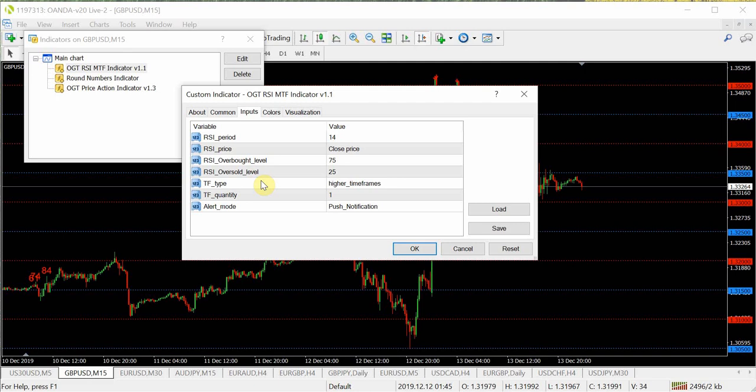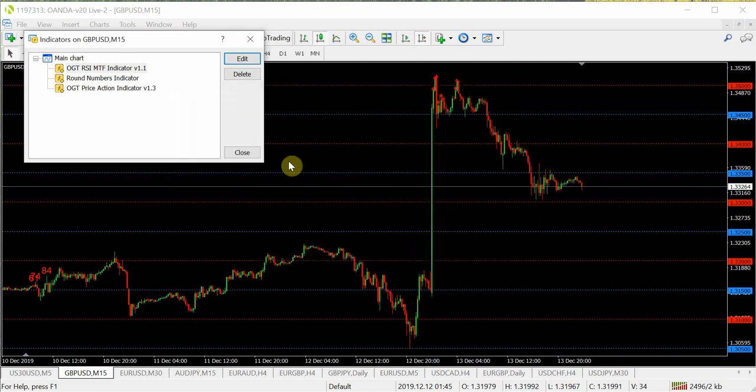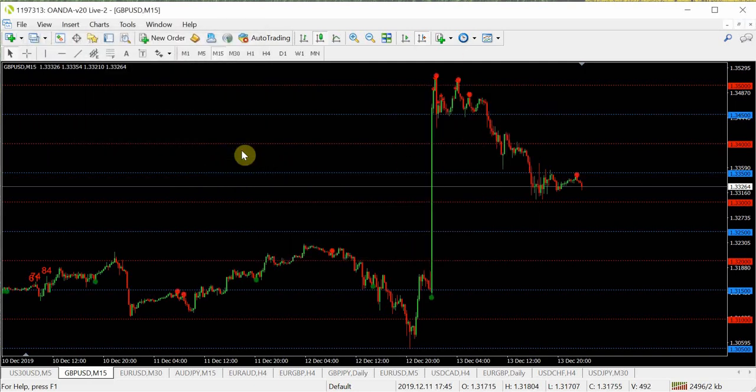It would then display a down arrow for an overbought signal and a green arrow for an oversold signal. So that is that indicator, and these are the three indicators that I've got up here.